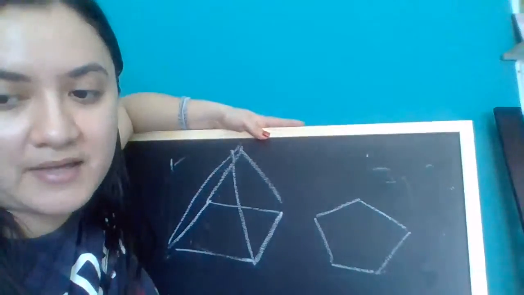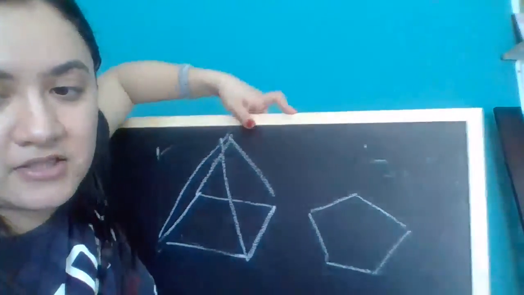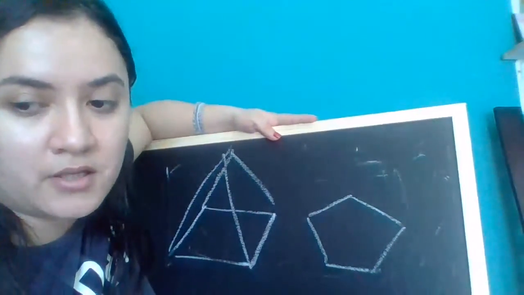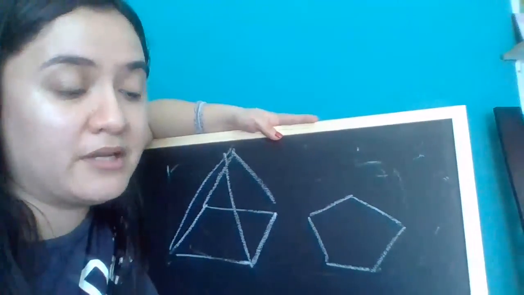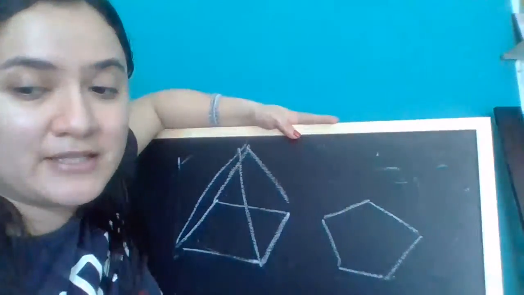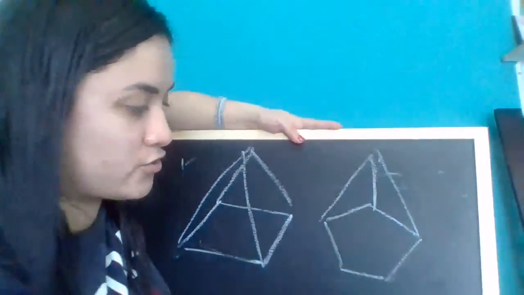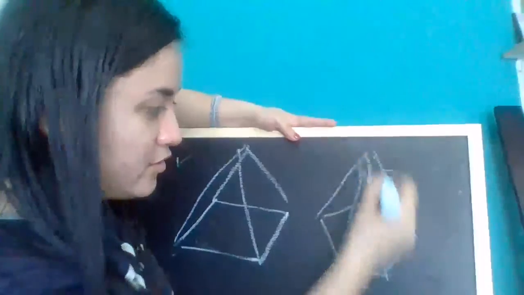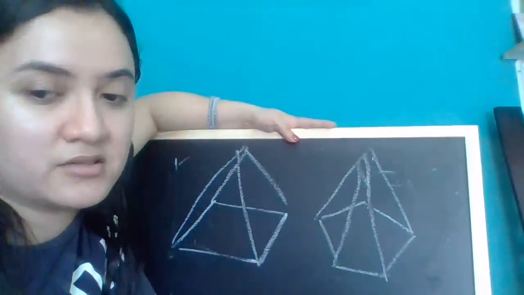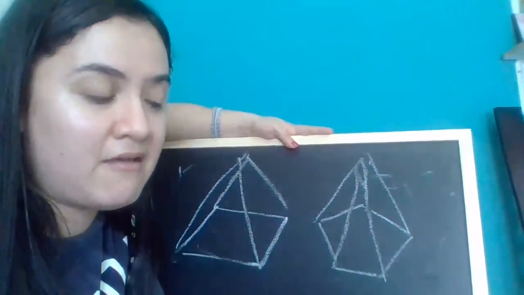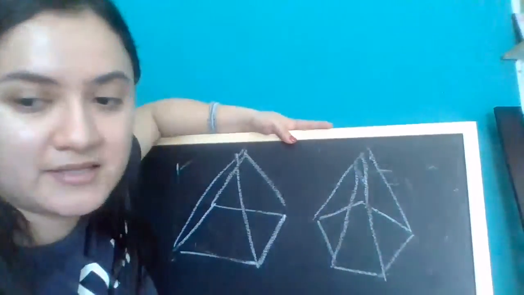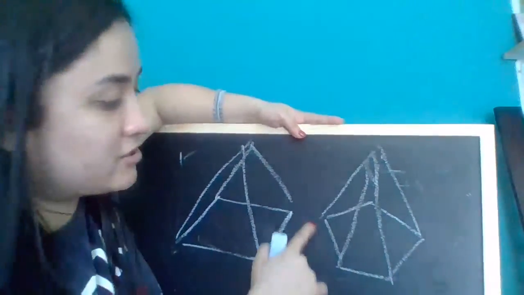We see that it's a pentagon, but it transforms into a pyramid when it is joined by triangles. Look, I'm going to join triangles to the top. So when I join with triangles, it becomes a pentagonal pyramid, because the base is a pentagon, and it's a pyramid because it's joined with triangles.